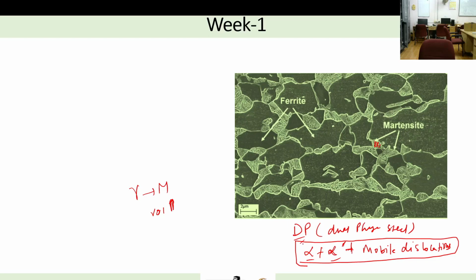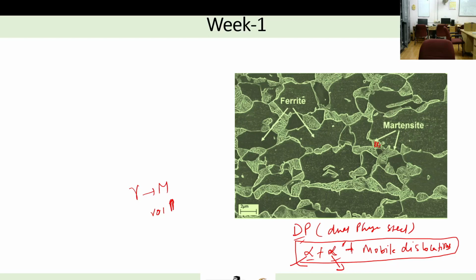Now the best part of this DP steel is we have a soft phase ferrite, a hard phase martensite, and for the deformation we have mobile dislocations. This is what we actually want. We want formability, that is ductility, we want strength, and mobile dislocations will help you to make parts.